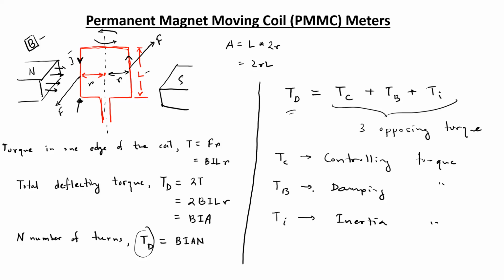So we'll try to discuss a little bit more about these three torques and represent them in terms of the deflection. Let's say the deflection of the coil, we can denote it as theta. And we are going to try to represent these three opposing torques in terms of theta and some associated constants.